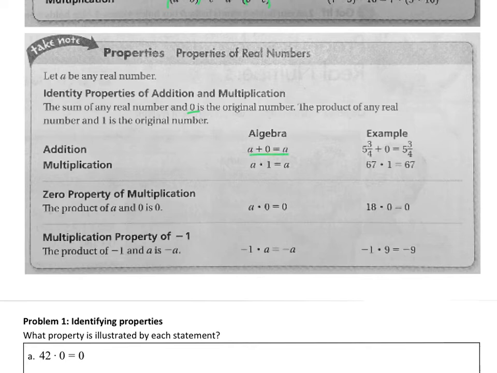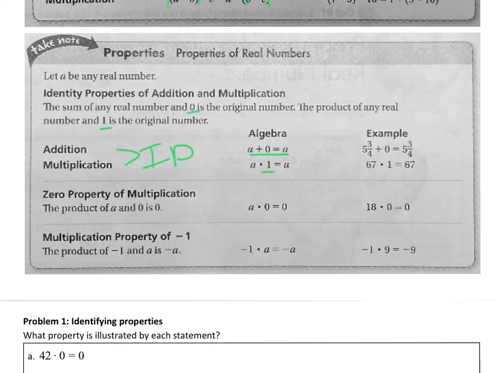The product of any real number and 1 is the original number. Multiplying by 1 doesn't change the value of a number. I'm just going to write ID here. The identity properties ask, what number can I add to keep my value the same? What number can I multiply to keep my value the same?